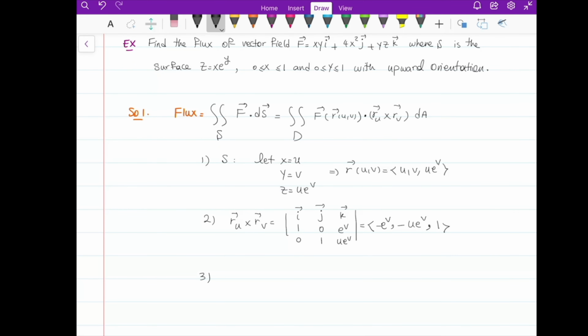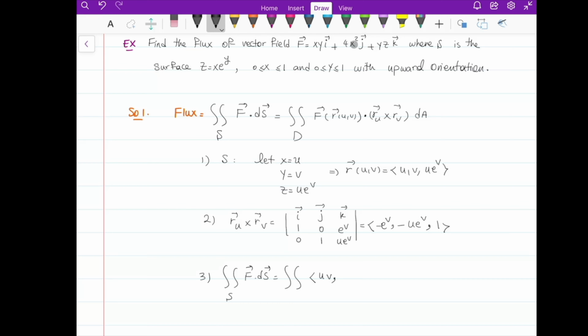So then the double integral of F dot dS over S would be the double integral of, plugging my parameterization into F, x would be u, y would be v.